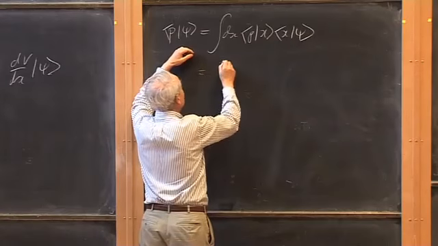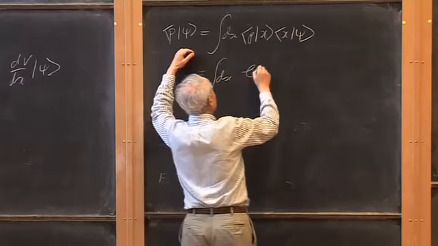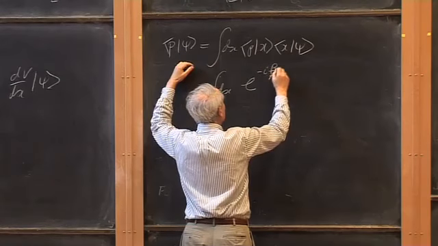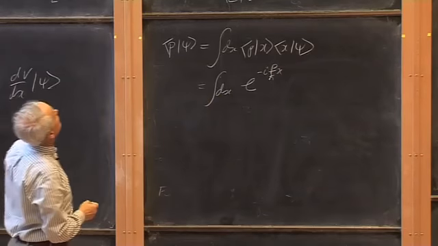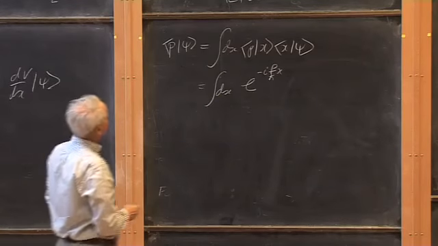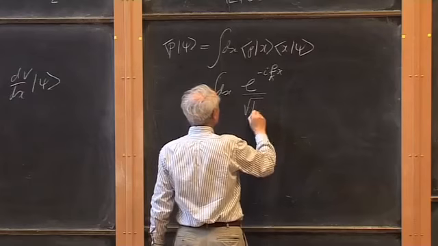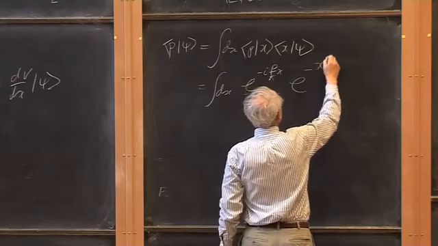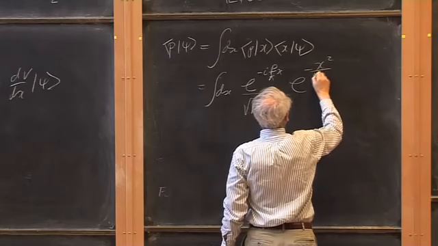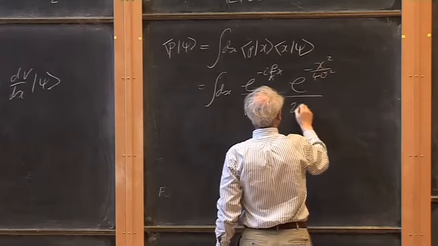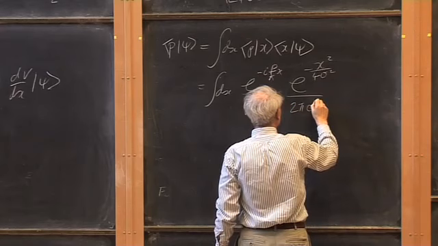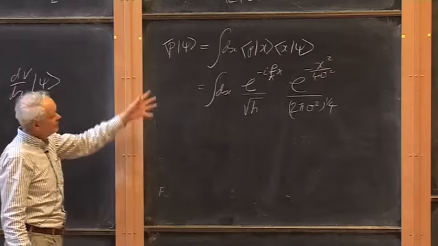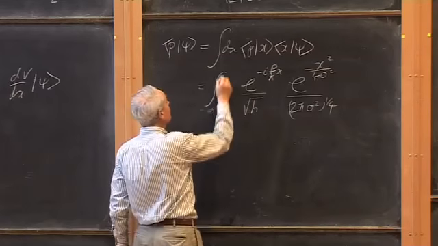So this is the integral dx of e to the minus i p x upon h bar, I believe, I hope I've got that minus sign right, over the square root of h, times the wave function we just wrote down, e to the minus x squared over 4 sigma squared over 2 pi sigma squared to the quarter power. We integrate this from minus infinity to infinity.